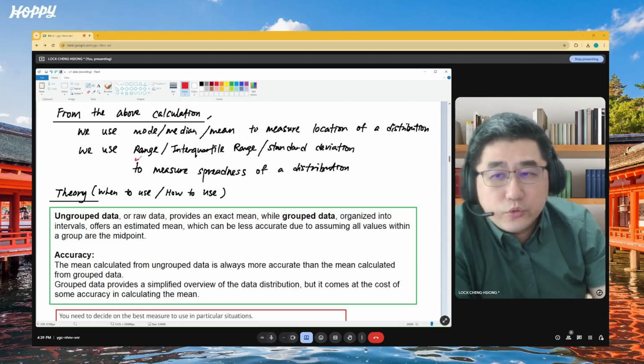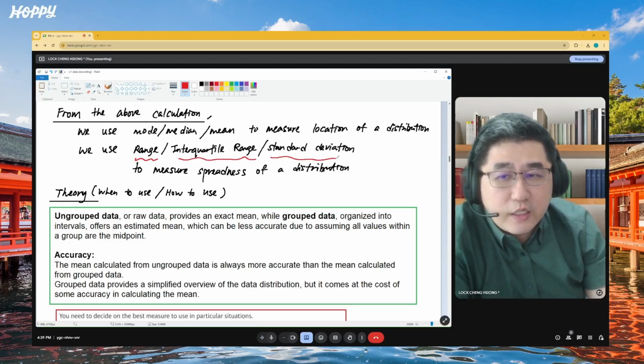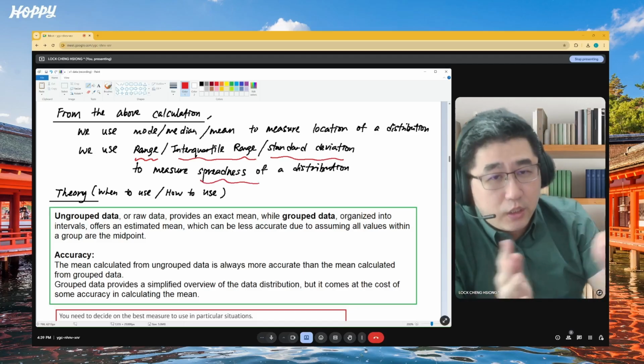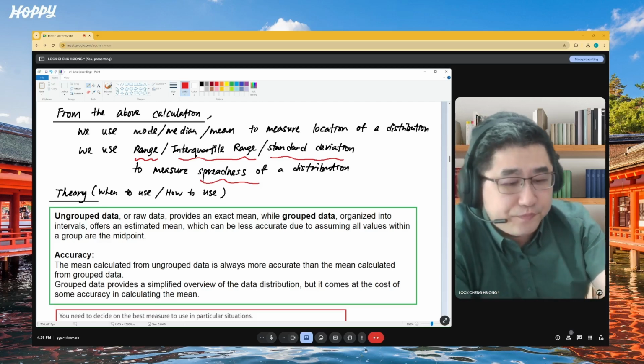Then we also use range, interquartile range, and standard deviation to measure the spread of a distribution, to see whether it is widely spread or narrow and concentrated.